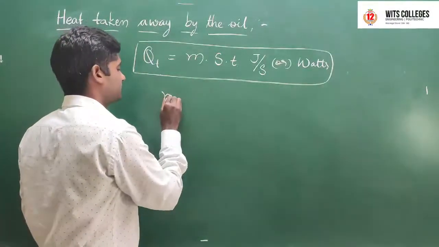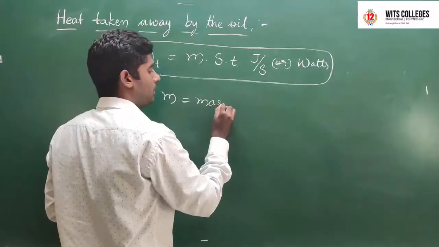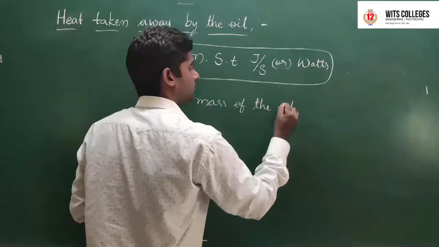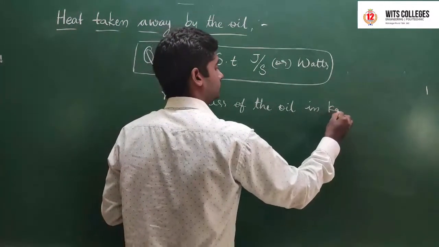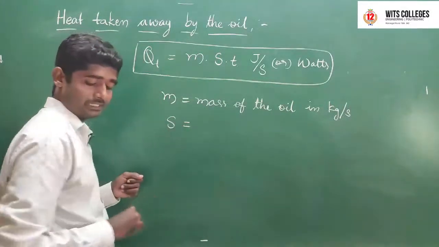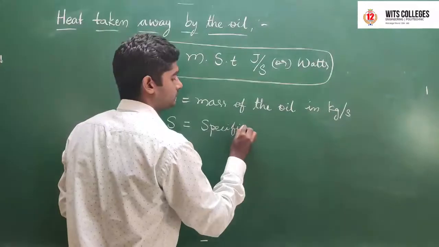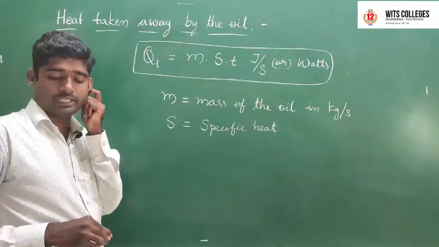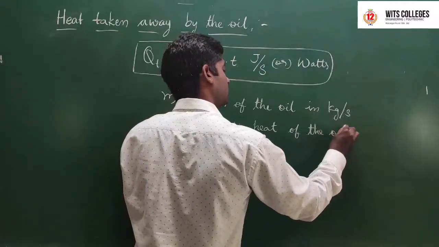M is the mass of the oil, in kg per second. S is the specific heat of the oil.